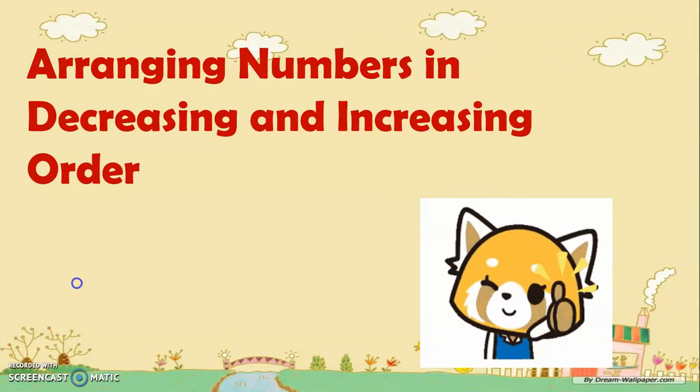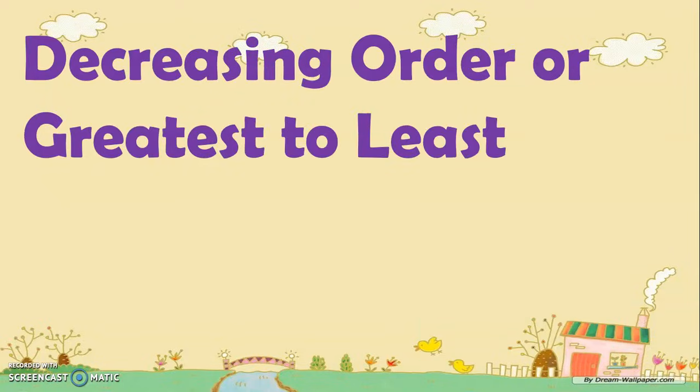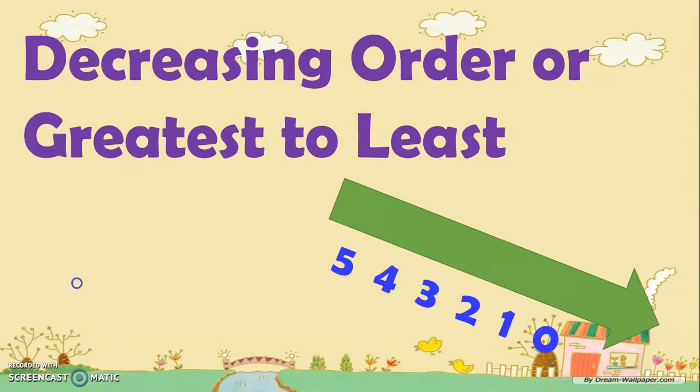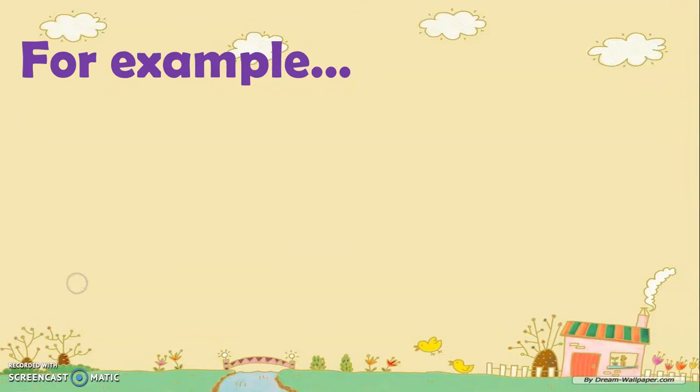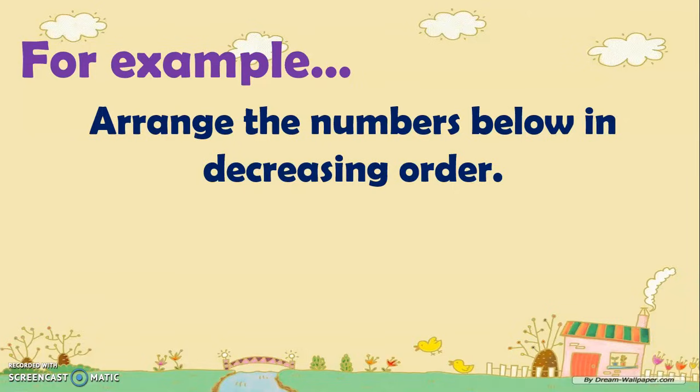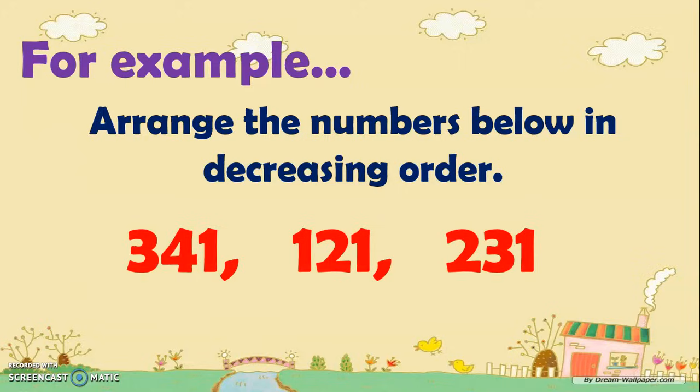And to start, let's talk about the decreasing order, or numbers that are arranged from greatest to least. So for example, let's arrange the numbers below in decreasing order. We have 341, 121, and 231.